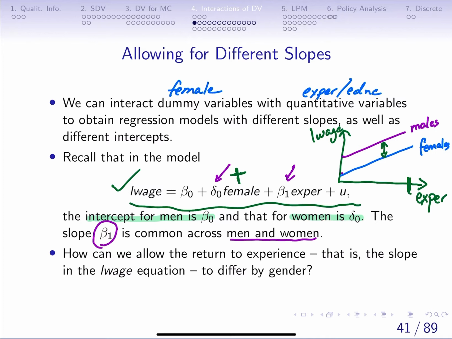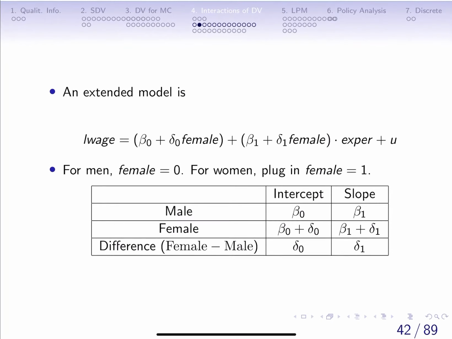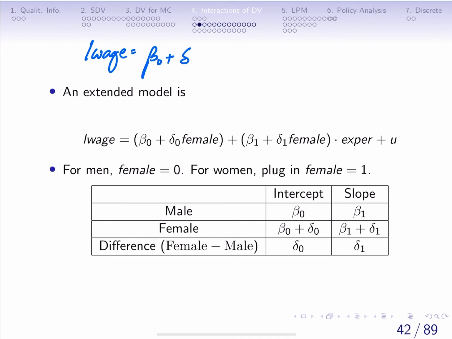So we can ask: how do we allow the return to experience, which is the slope coefficient beta 1 in the log wage equation, to differ by gender? One way to extend the previous model is to write out that model: log wage equals beta naught plus delta naught female plus beta 1 experience, exactly the same as before.